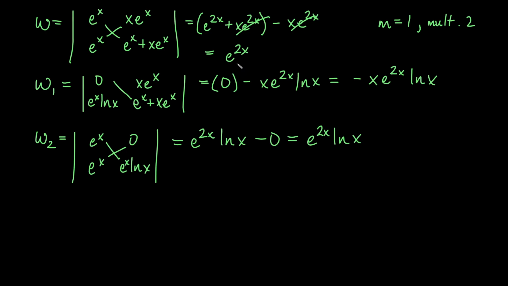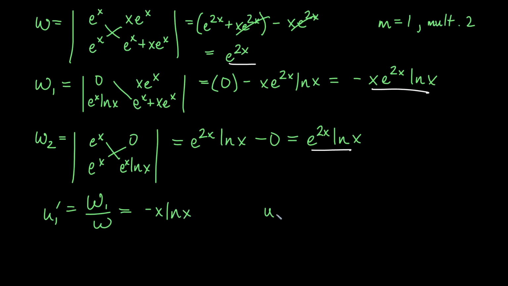All right, I'm going to go back and highlight these here. So we can probably figure out what's happening with these exponentials, right? Remember, our u1 prime is going to be w1 over w. And in this case, notice the e to the 2x and the e to the 2x are going to reduce. And so that will just give us negative x ln x.